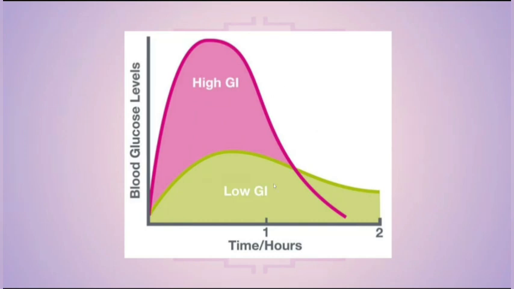This graph shows you what happens when you take high glycemic index food and low glycemic index food. On this axis you have the blood sugar level, how fast it can go up. And this one is the time in hours, 1 hour and 2 hours. See, within the first 1 hour, when you take in a lot of sweet stuff and high glycemic food, the sugar that enters the blood is very high, and in 1 hour itself, the whole blood level increases.